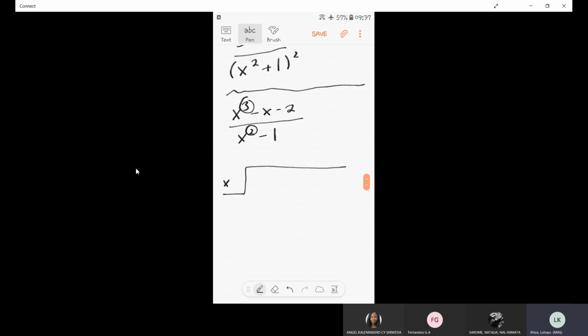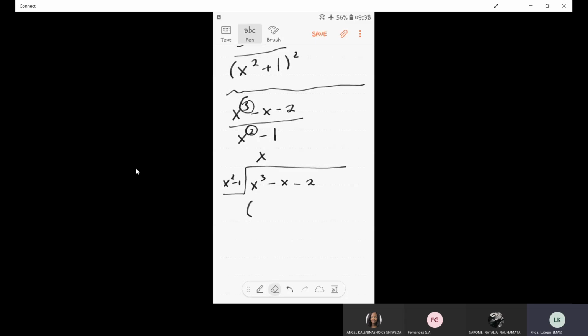So here I put x squared minus 1, and then I put x cubed minus x minus 2. Then the way we'd always do it, say x cubed divided by x squared, I get x, so I write it there, and then I multiply the x with all the terms that I have over there.